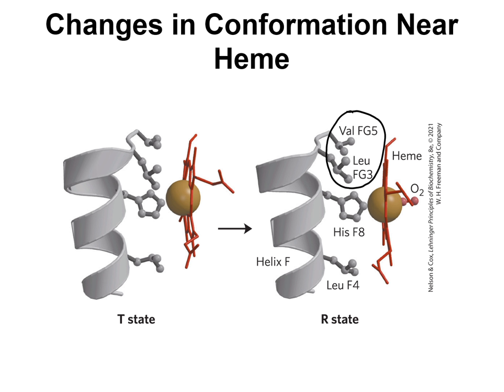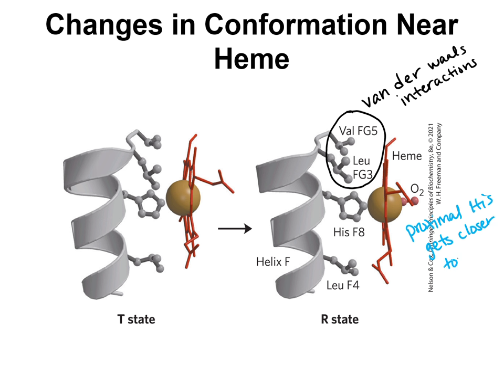And they have some van der Waals interactions here. So we've got van der Waals there. Let's get a different color. We've got the proximal histidine gets closer. And then we also have a change in that leucine residue as well.